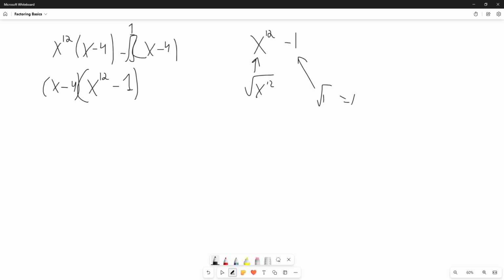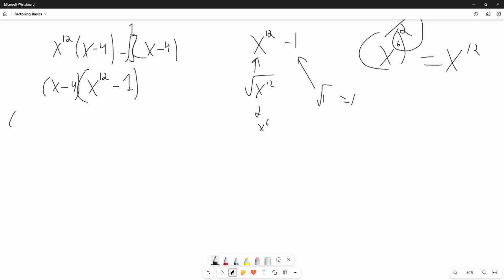This equals 1, and x to the power of 12 when it's being square rooted is x to the 6th, because we know that x to the 6th squared, you multiply these two terms together and you get x to the 12th.